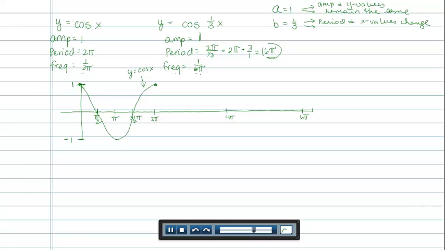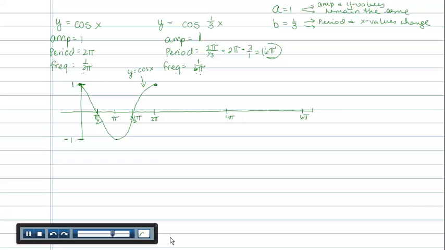Alright, now the other one. Well, the problem is my x values have changed, so I need to know my new x values. I know the amplitude, and that's fine. It's only going to go up to highest 1. Alright, in order to change the x values, we had said that we know that it starts at 0 and it ends at 6 pi.